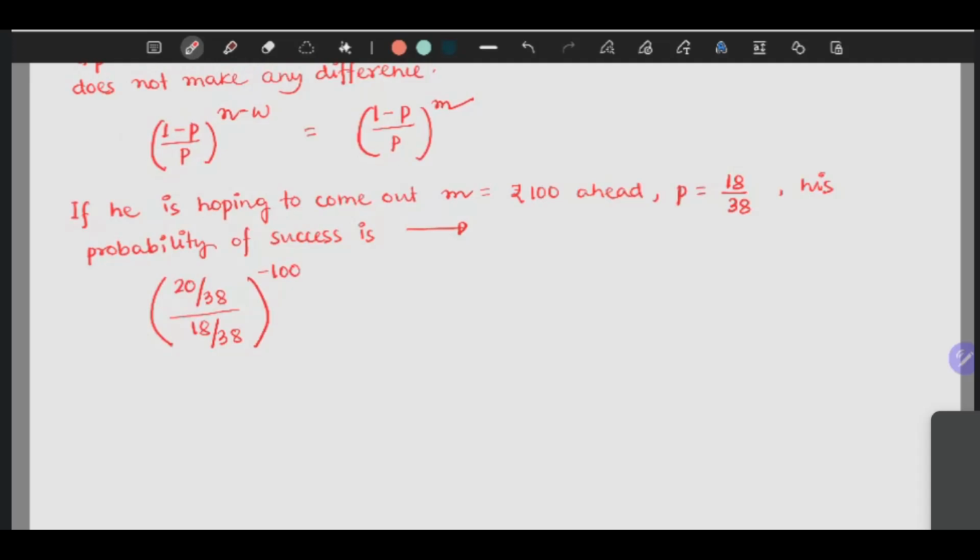So which is in that range, it becomes 9.